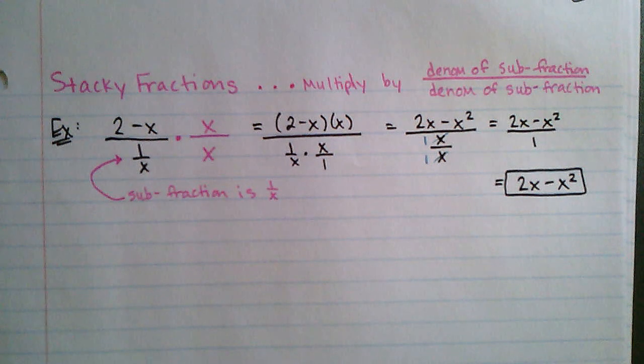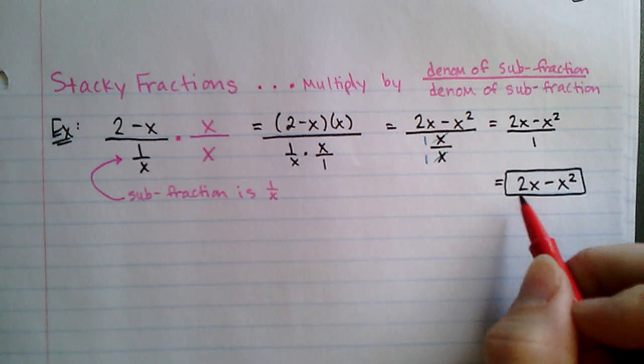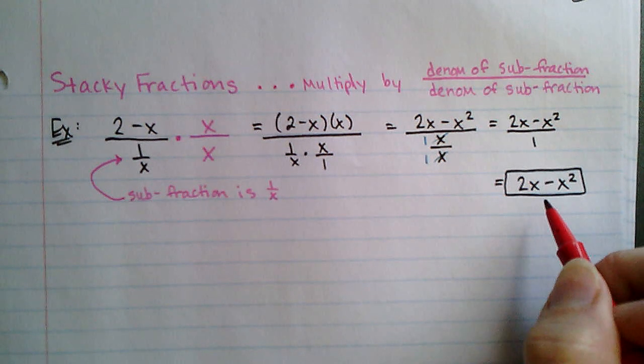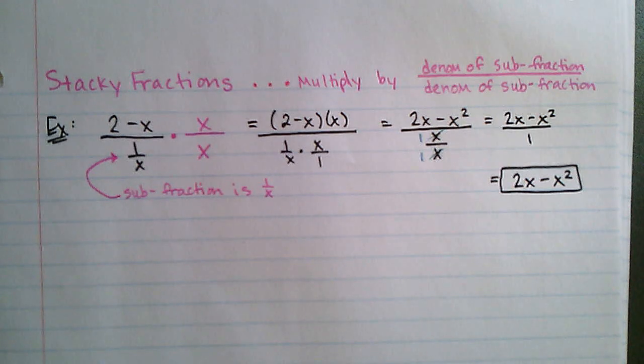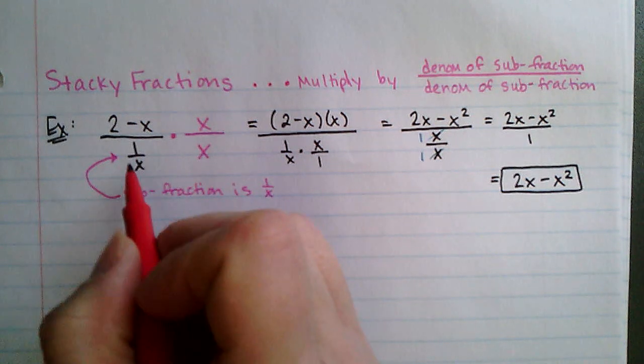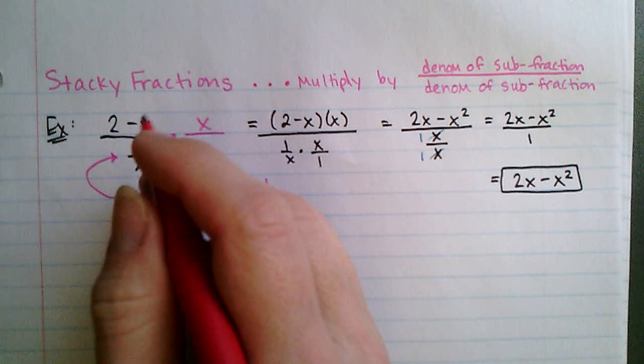Now, domain gets to be a little bit tricky. When we are looking at the domain of a stacky fraction, when I get to the end, technically this answer has no domain restrictions, but at the beginning I had a denominator. So I have to worry about this having a domain restriction.